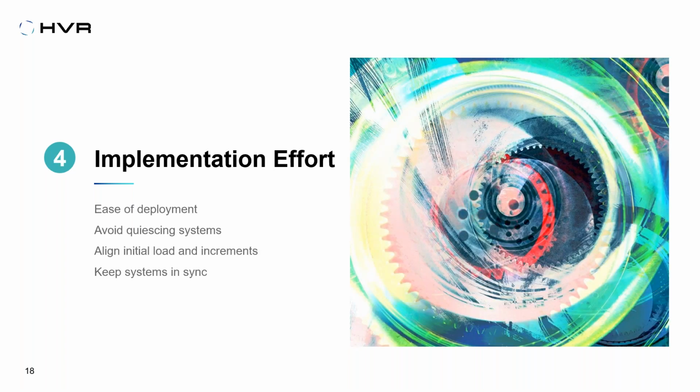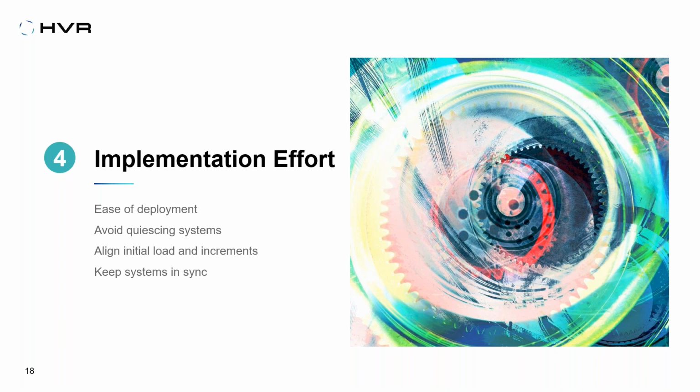Then the fourth one, implementation effort, ties back a little bit to one we talked about a couple of slides ago, the ease of deployment. How difficult is it to implement the technology? You're thinking about how difficult is it to build your data integration flows. Can you leave your source systems running whilst you implement this technology?